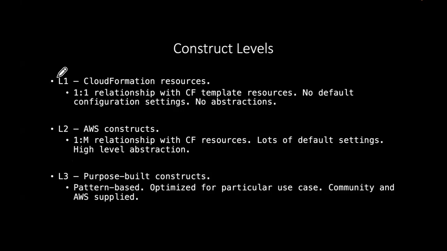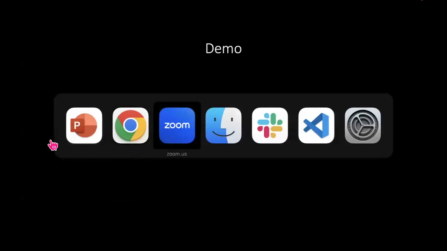In the case of L1 constructs, each L1 construct that you have in your code will result in just the creation of one infrastructure resource. So there isn't a whole lot to be gained by using L1 constructs, but maybe sometimes you do have to actually use one. As I said, we'll mainly be using L2s. Now, of course, it's not until you demonstrate this stuff that it starts to make sense, I hope.